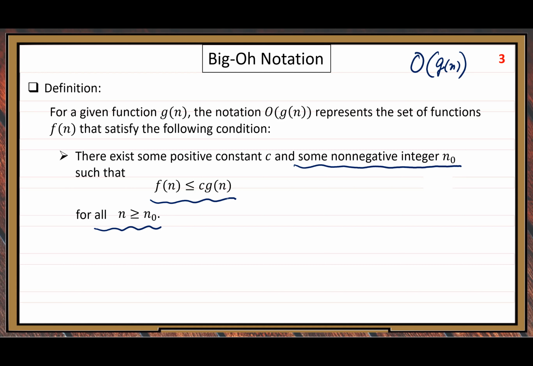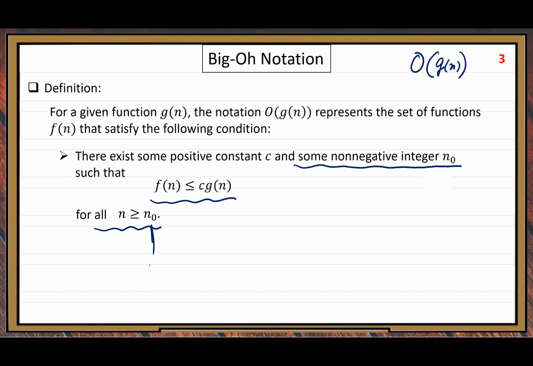But after we skip a few numbers, after we pass this line, the n0 line, then this inequality always holds. After our variable n passes the n0 line, this inequality always holds. That's the exact meaning.